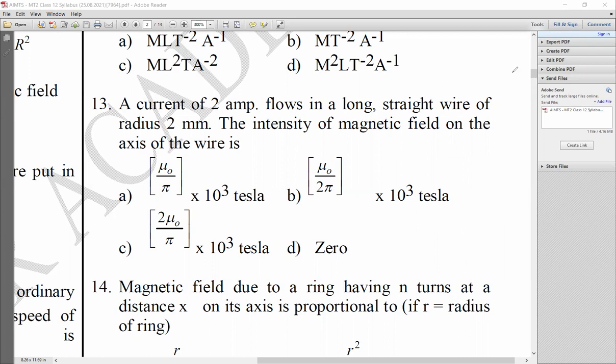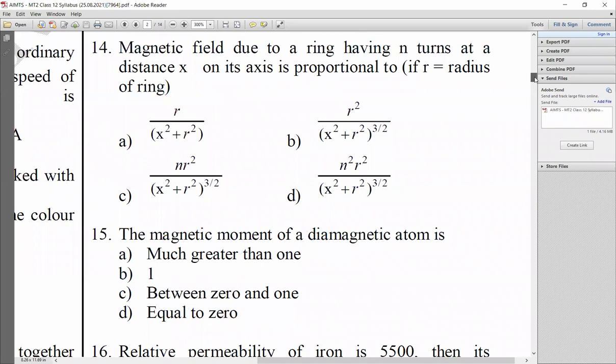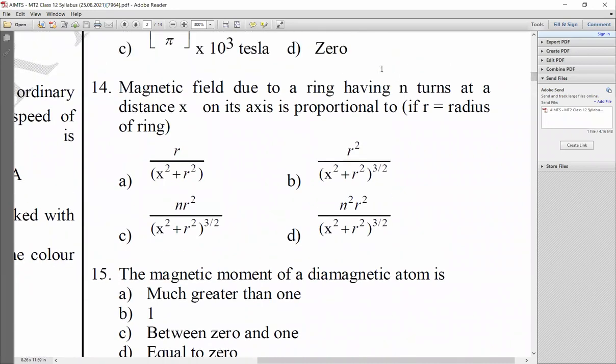Question number 14. The magnetic field due to ring of n turns at a distance x on its axis is proportional to what?